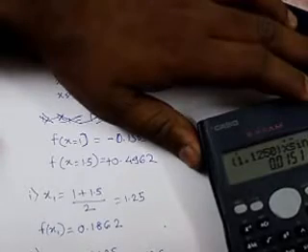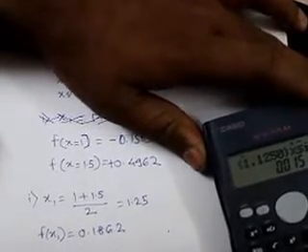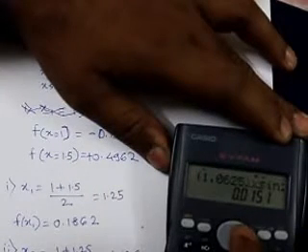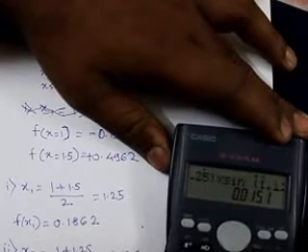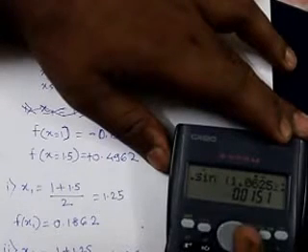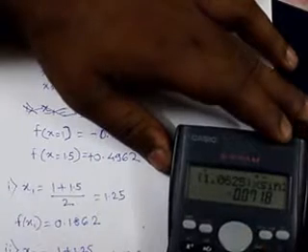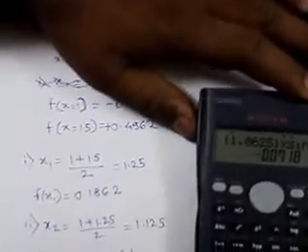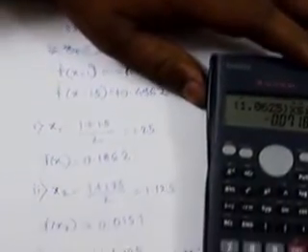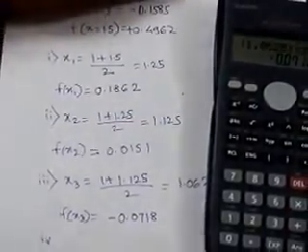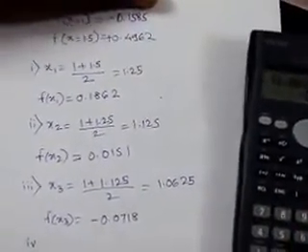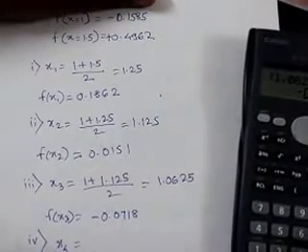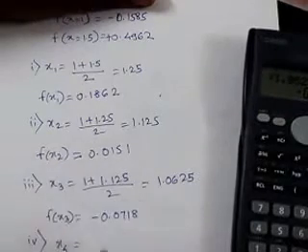Let's see what happens at f of x3. 1.0625 times sine of 1.0625 minus 1 becomes minus 0.0718, which is negative, which means that x4 is going to lie between x3 and x2.